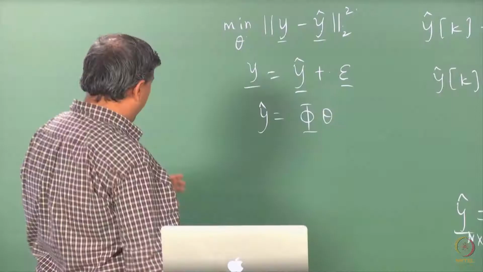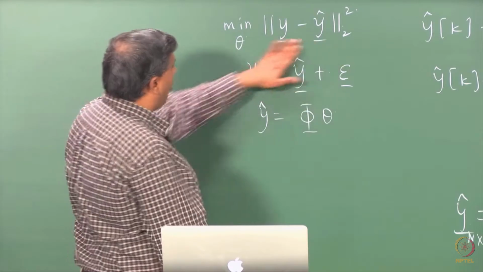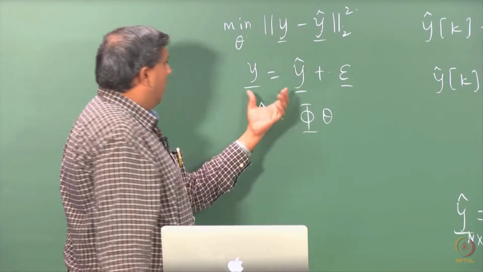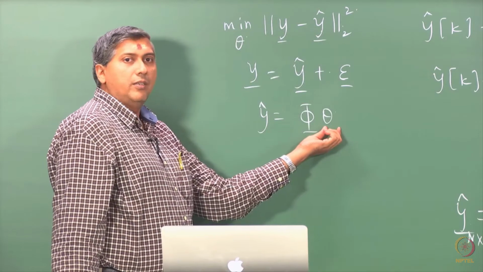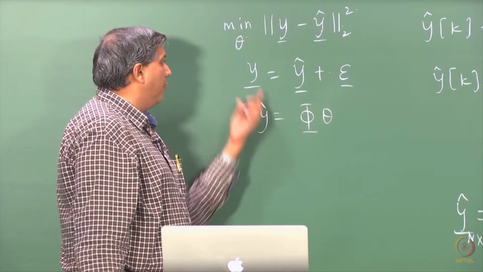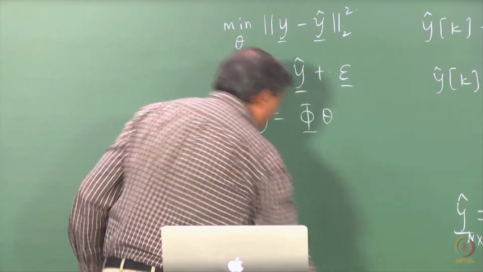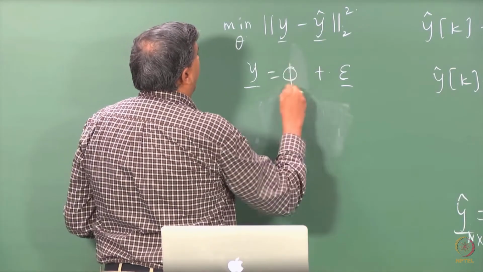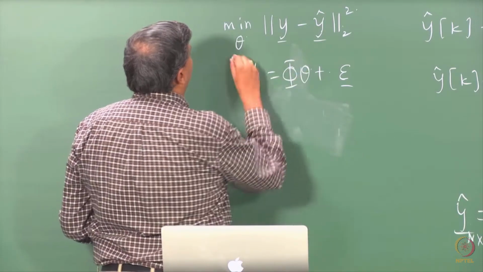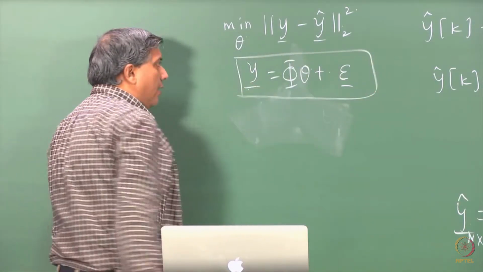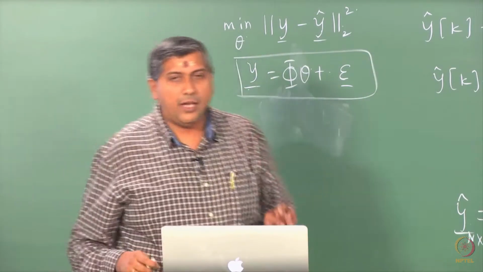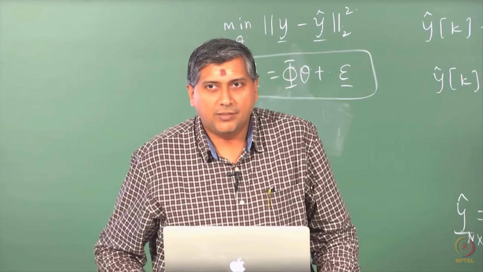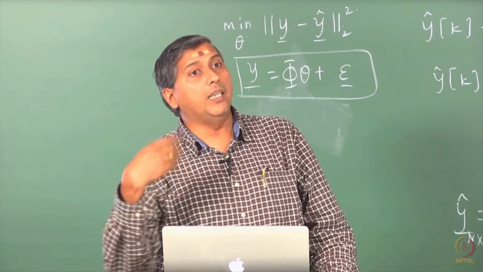What has happened here is, when you look at this problem, remember you have theta which is unknown, phi is known, y is known. If I were to replace y hat here with phi times theta, we have a set of overdetermined equations from a theta standpoint.